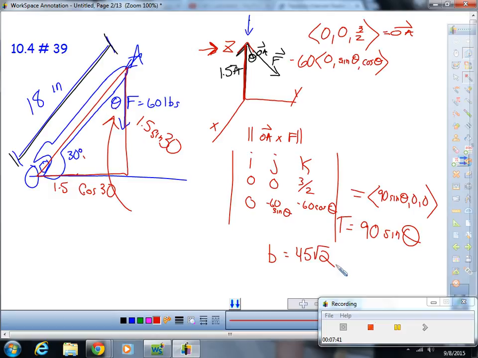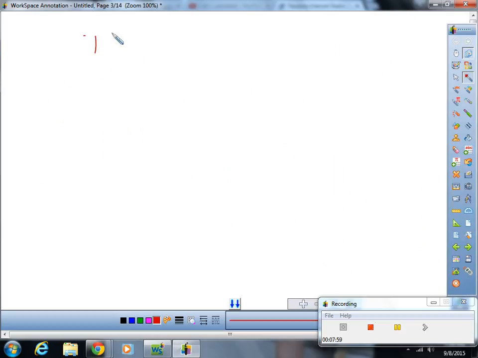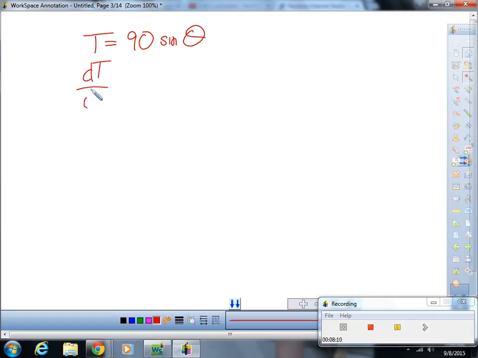Part C says use the result in part A to determine the angle theta when the magnitude of the moment is at a maximum. Well, in order to find a maximum, we're going to say T is 90 sine of theta. We need to find a maximum, so we need to know when dT d theta equals 0. That's going to give us a relative max or a relative min.